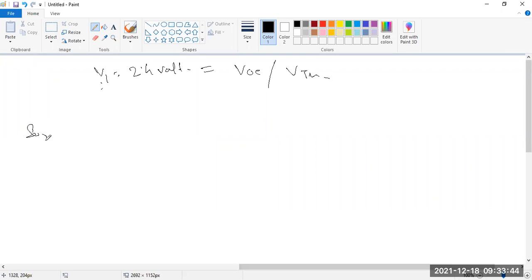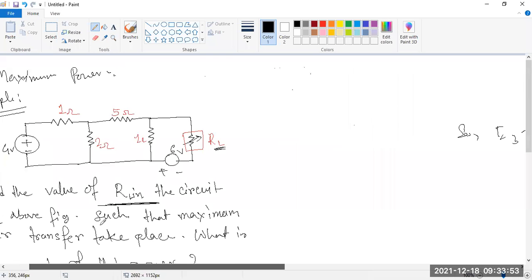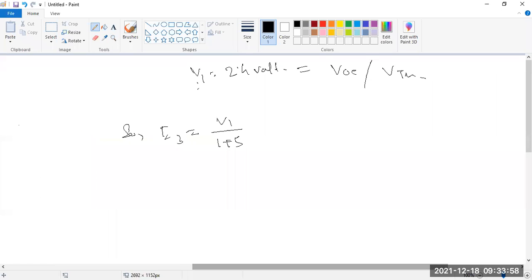So I3 equal to V1 by this resistance. Okay. So what will it come? That is equal to 2.4 by 6. It will give you 0.4 ampere.